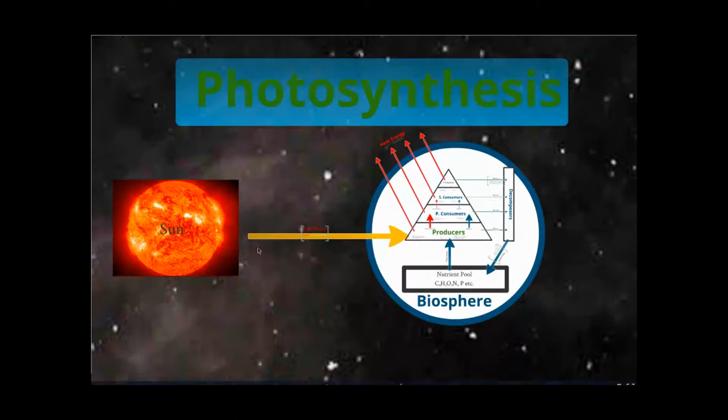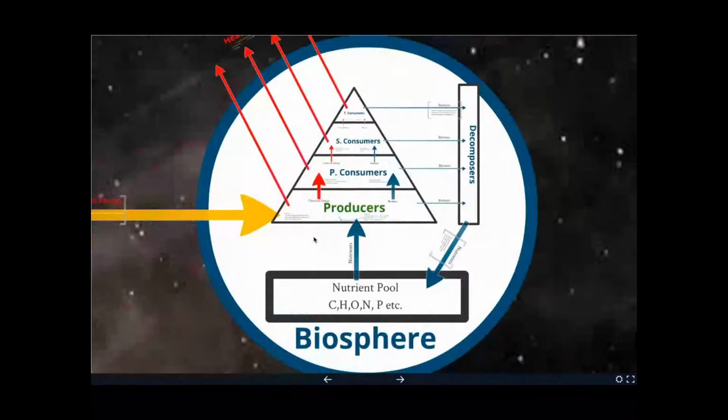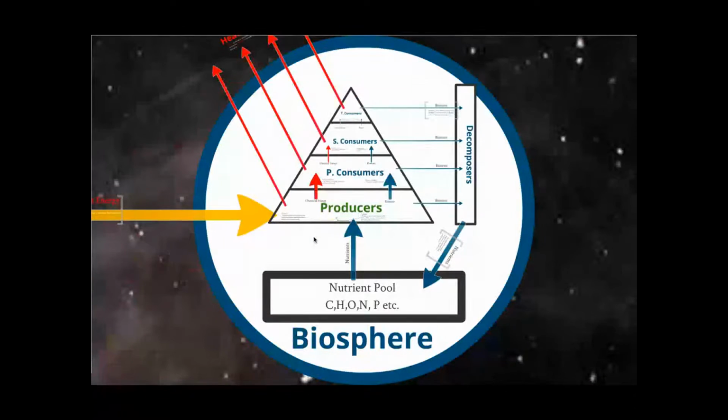So we already know a big part about this process. We know that all energy that we have on this planet comes from the sun, and it comes to us in the form of light energy. The sun is radiating this light to the earth, and as far as our food chain is concerned, or in this case a pyramid, that energy goes to one place.